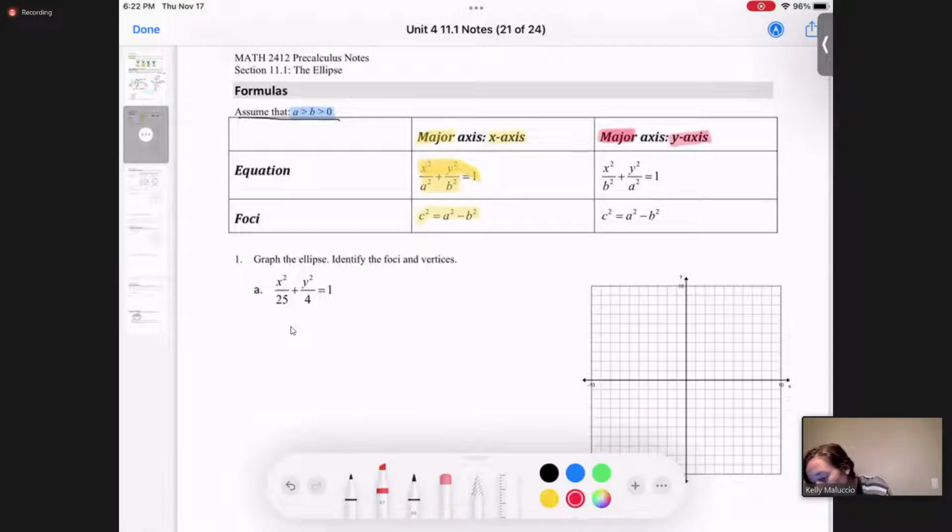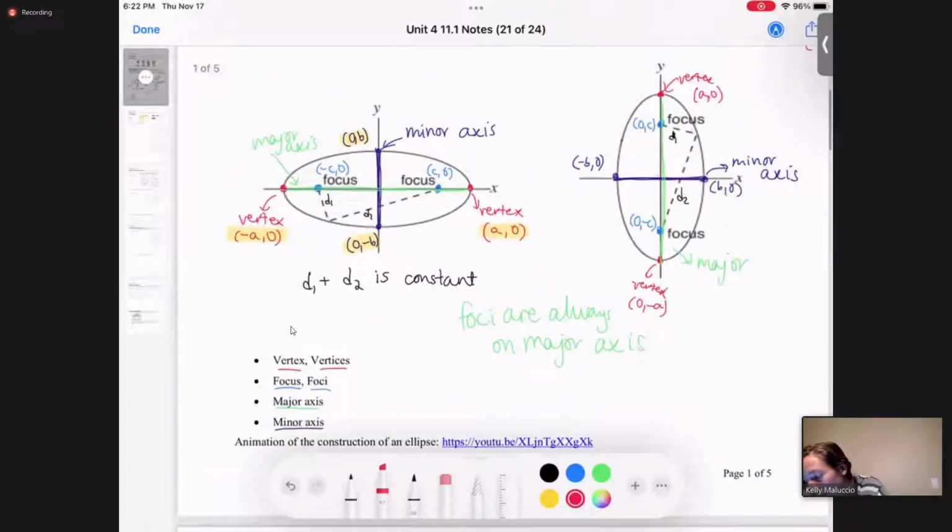And then if the y-axis is major, again I have x squared plus y squared equals 1, and I'm dividing by b squared first. So I divide by b squared in the x term and a squared in the y term. And notice up here, this should be 0, a. Oh, good thing I came back up to this.